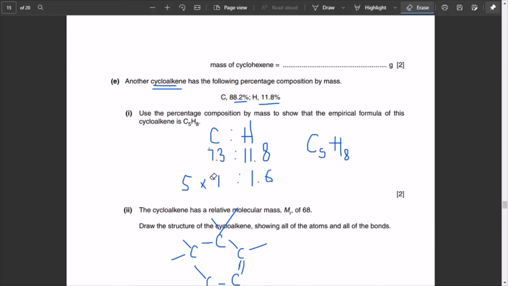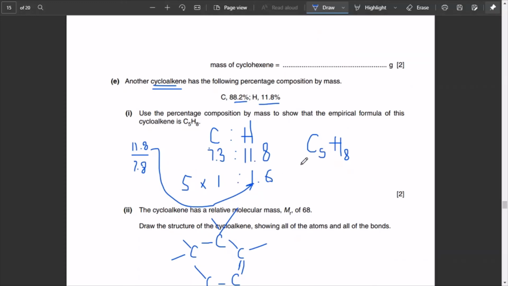To simplify it, we do 11.8 divided by 7.3, and the answer for this is 1.6. Then we'll multiply it by 5 and get C5H8. That means 5 into 1.6 is 8.